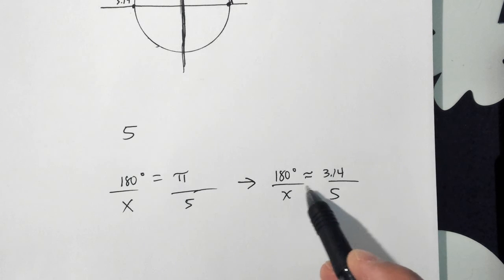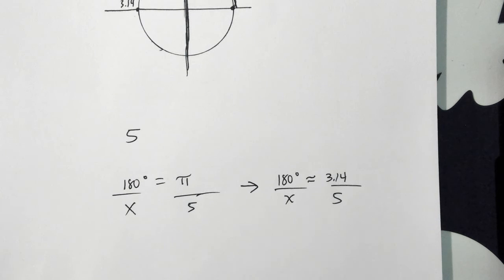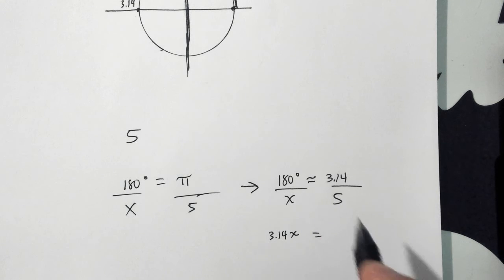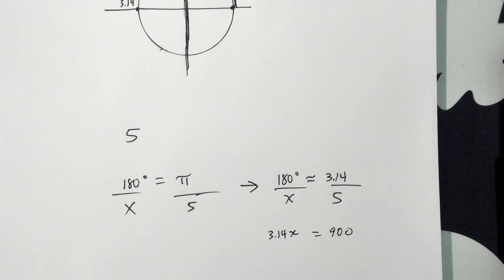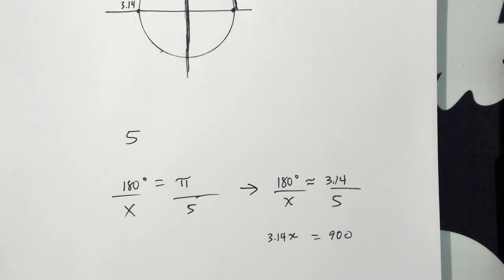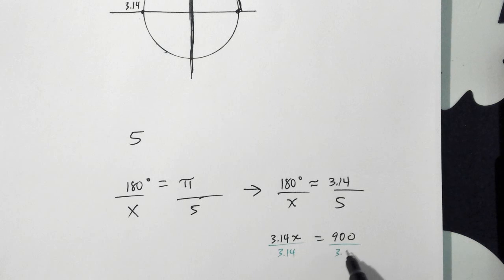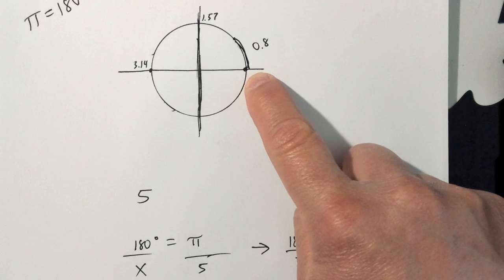Okay. Remember my guess was 300. We're about to find out. Cross multiply. 3.14x. Cross multiply. Divide by 3.14. Dang. Why is my guess so good? Well, it's because I know that's 6.28.